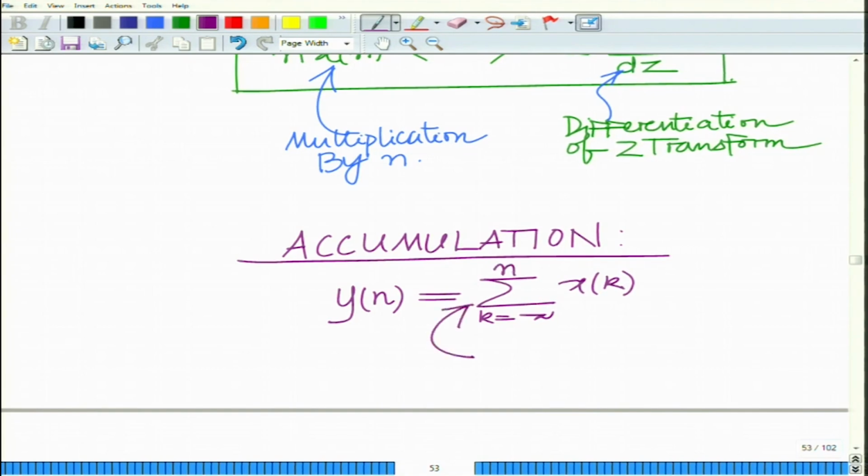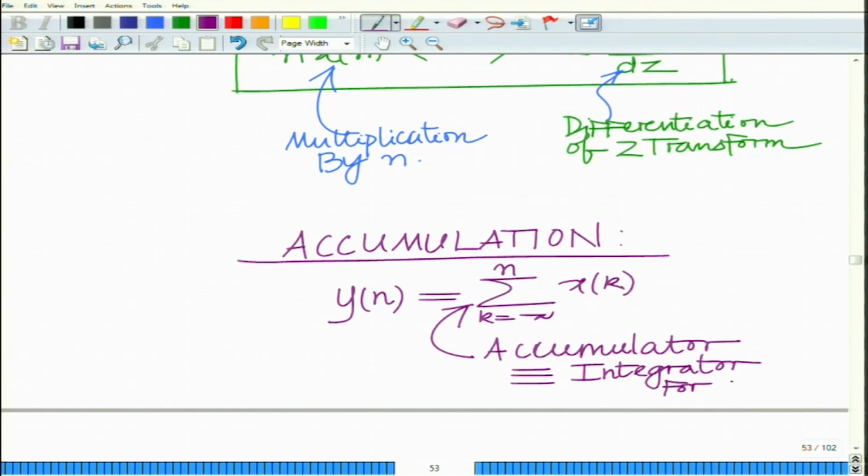This is termed as an accumulator, which is similar to an integrator for continuous time. Remember, we can have an integrator of the form integral from minus infinity to t of x(tau) d tau. This is an accumulator, or basically an integrator, for continuous time.